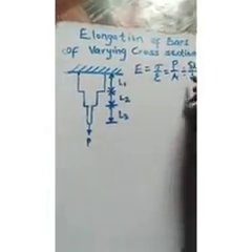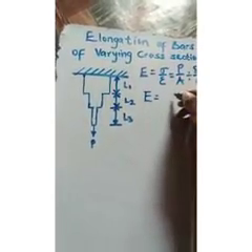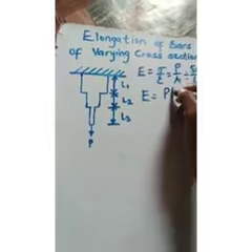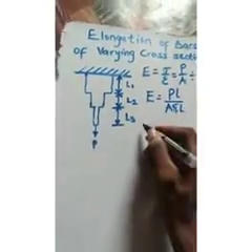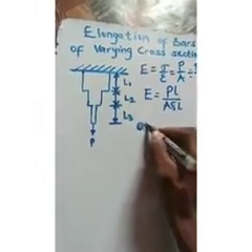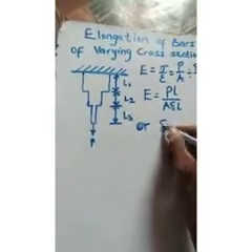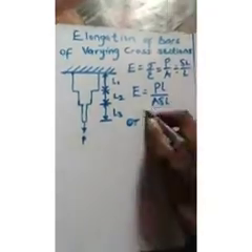So you can eventually have your E to now be PL over A times change in length, and therefore I'll have my change in length can now be equal to PL over AE. So this is a standard formula for calculating our change in length.